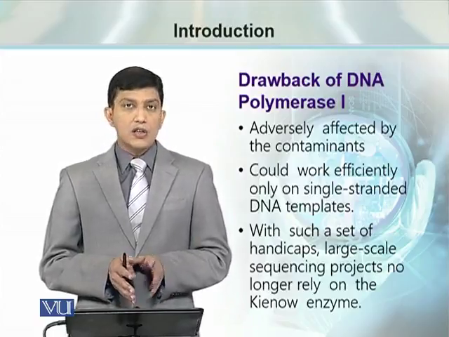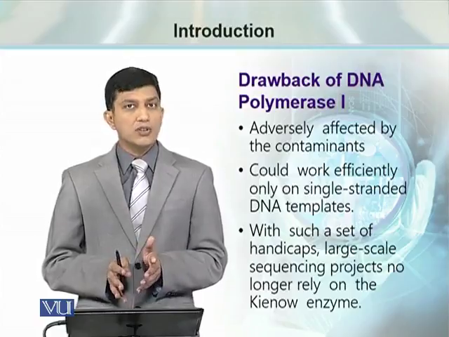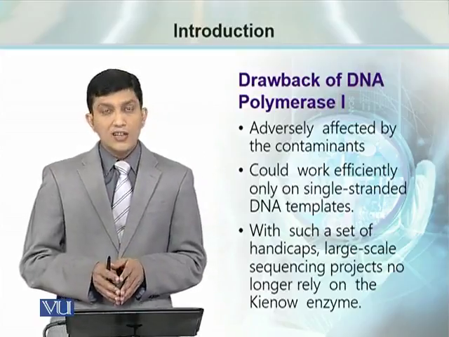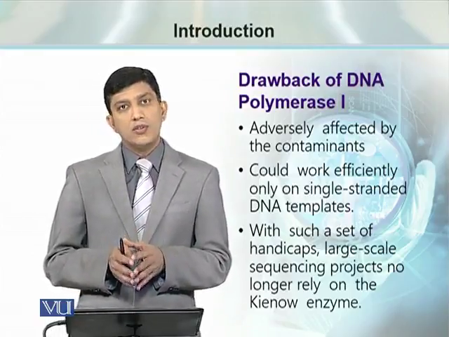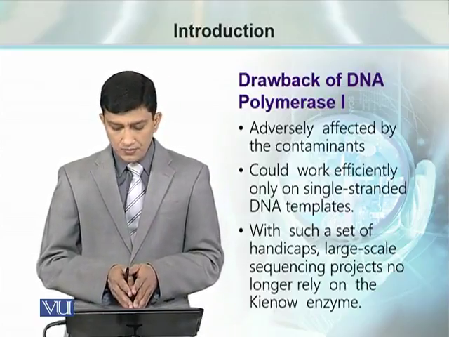It could work efficiently only with single-stranded DNA, but not with double-stranded or denatured double-stranded DNA. So the limitation was there that we could only think about sequencing single-stranded DNAs.